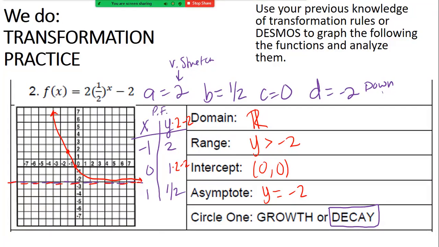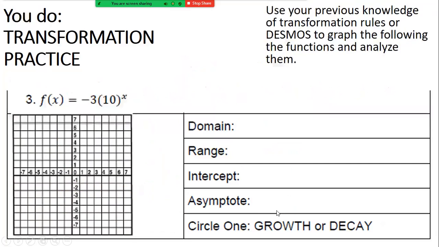How do we do? Good? All right, cool. So this is the one you're going to quietly do completely by yourself. And I'm going to also encourage you to check yourself, make sure that the graph you came up with. So you're using the 10. So remember the parent function for this guy.